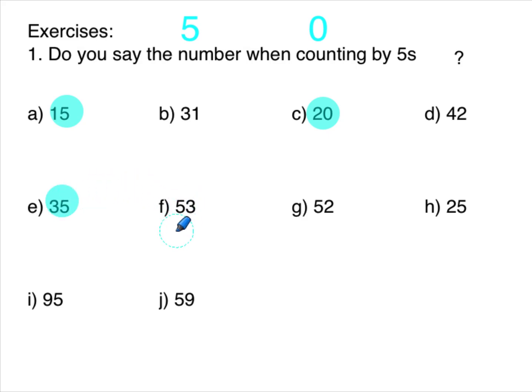Well, this has a 5 in it, but the 5 is in the tens spot, not the ones, so no. This has a 5 in it, and it's in the ones spot, so yes. 5 in the ones, yes. 5, but in the wrong spot. So when we count by fives, 5, 10, 15, 20, 25, 30, 35, 40, and I'm not going to count all the way up to 95.